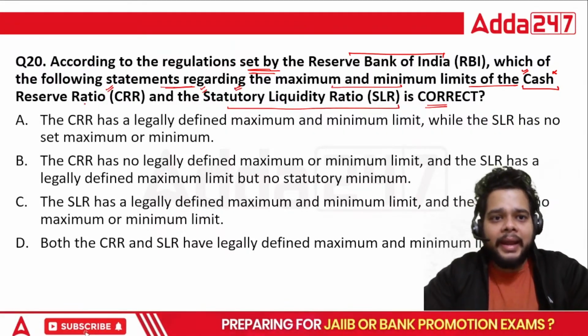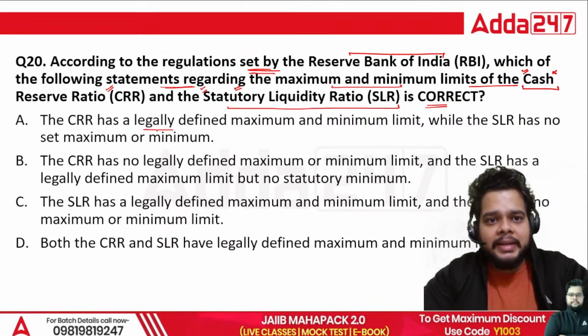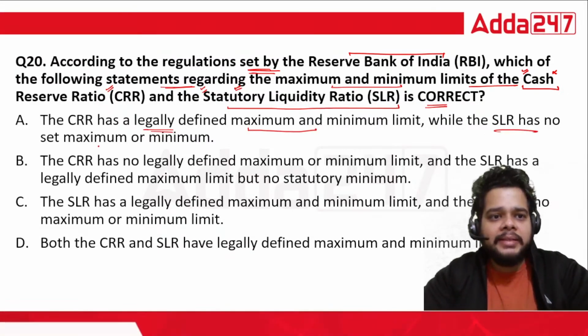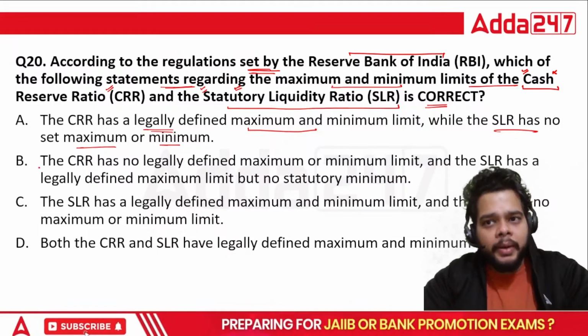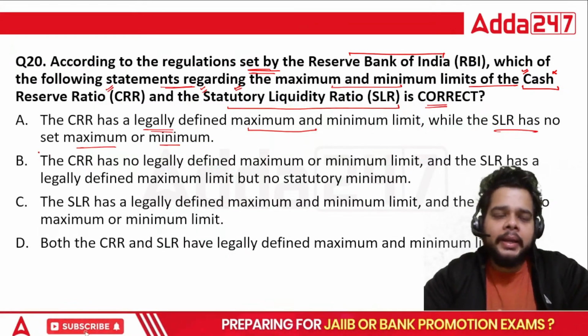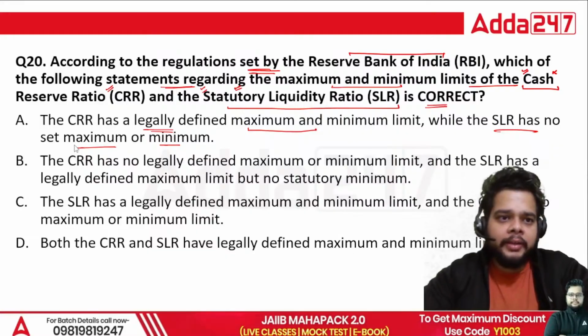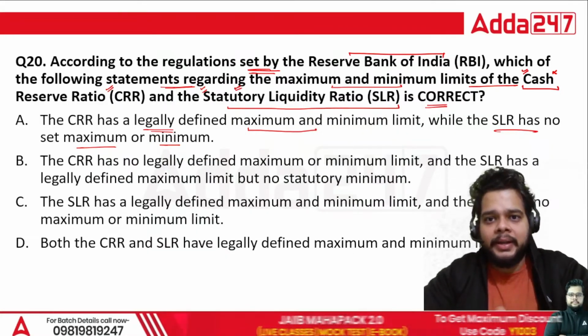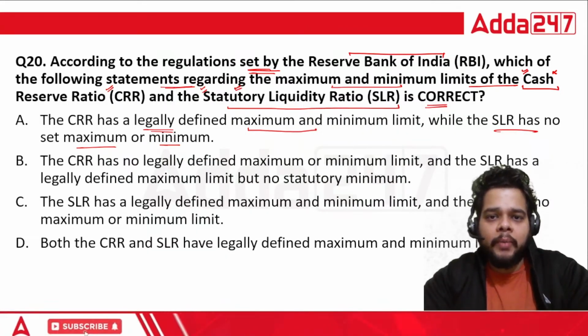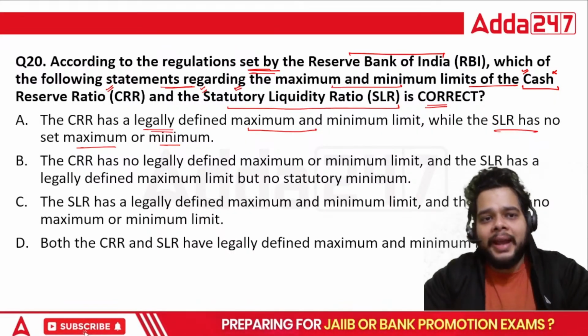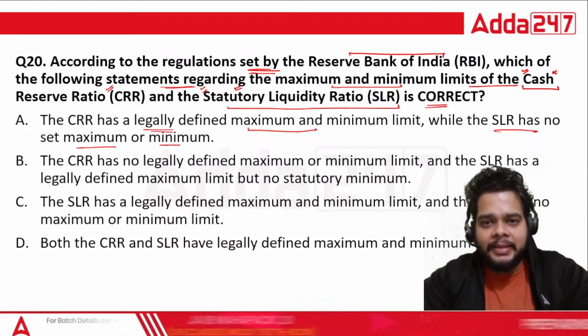So what will be the right answer here? CRR has a legally defined maximum and minimum limit, while SLR has no maximum or minimum limit. So always remember, earlier there used to be huge reserves for CRR and SLR, but gradually after the Narasimham Committee recommendation, we saw a gradual reduction of CRR as well as SLR.